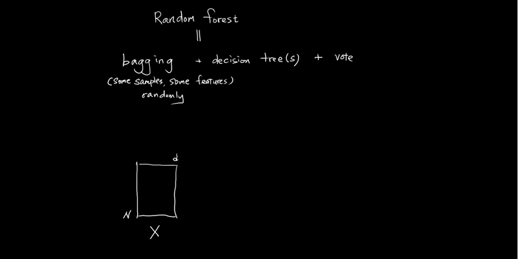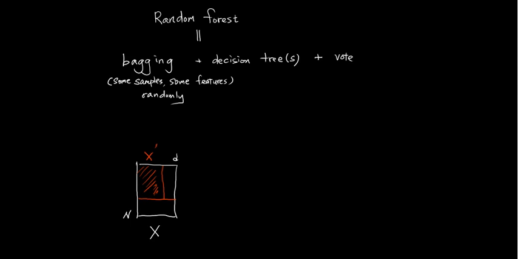Okay, so for example, I'm going to just pick like 60% of the samples, and I'm going to take also 60% of the features. I'm going to call this X prime. All right, so from the bigger data, I just take a small proportion of the data, and then I send this smaller data into the decision tree to create one tree.